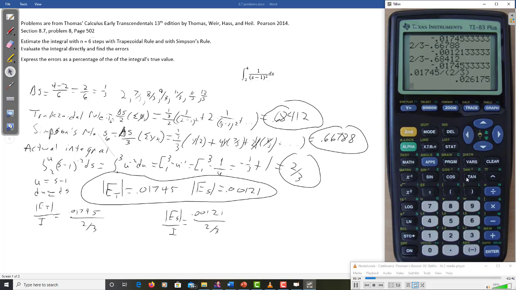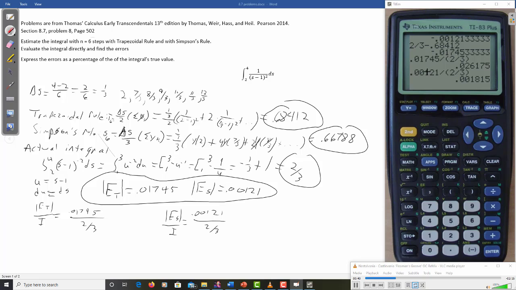Oh well. So, as a percentage, it doesn't really say where they want us to round this. I'll assume to a whole percent. Well, let's be consistent.